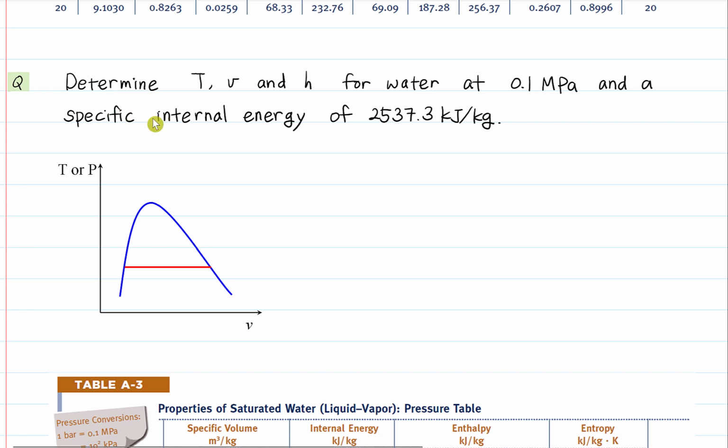Let's see another example. Determine temperature, specific volume, and enthalpy for water at 0.1 megapascal and a specific internal energy of 2537.3 kilojoule per kilogram. So two intensive independent properties including the pressure and internal energy are known. So we can fix the state.